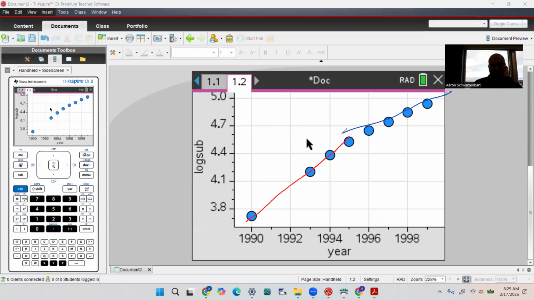So if I want to predict how many cell phone subscribers I'm going to have in the year 2000, I should probably just use my last four, because it appears like the line changed, didn't it?